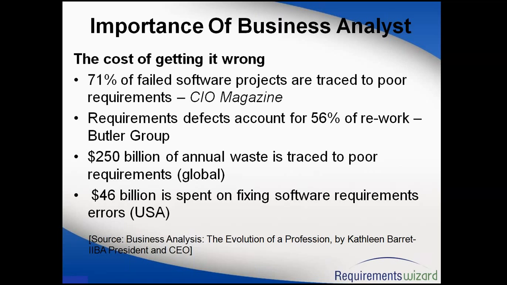Okay, now let's talk about why this role is so important. You can see the figures here on the screen. 71% of the failed projects are because of poor requirements.